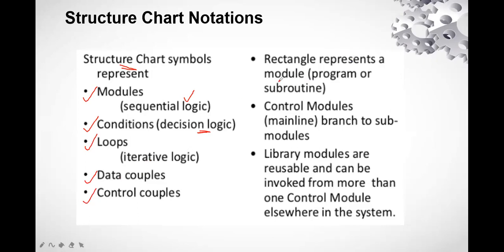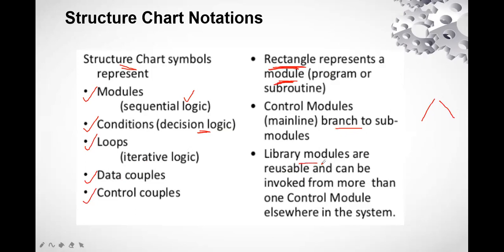Now, we are going to represent the module with the help of a rectangular box. Control modules are defined as the branch to submodules with the help of a main line in this way. This is how we are going to show the control modules. Next, we have the library module.